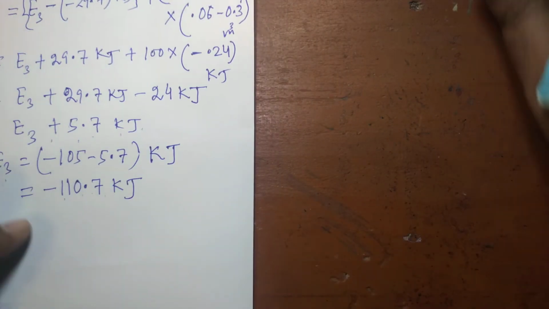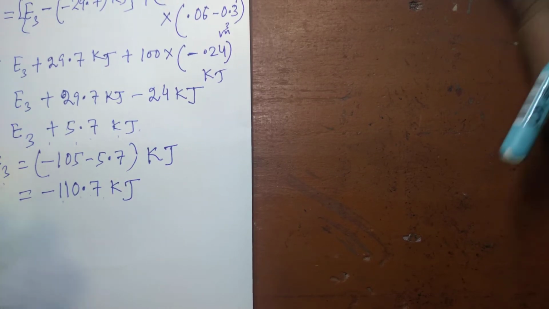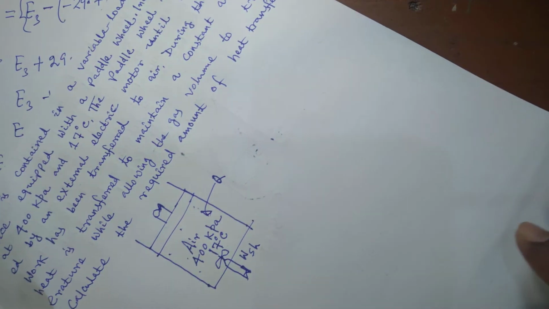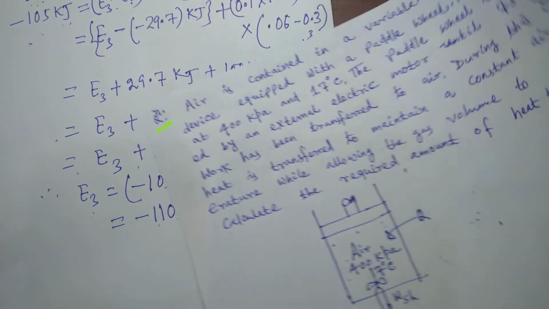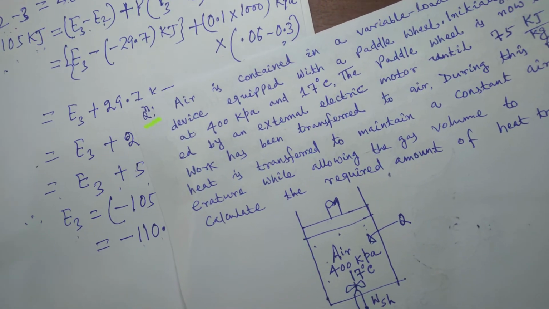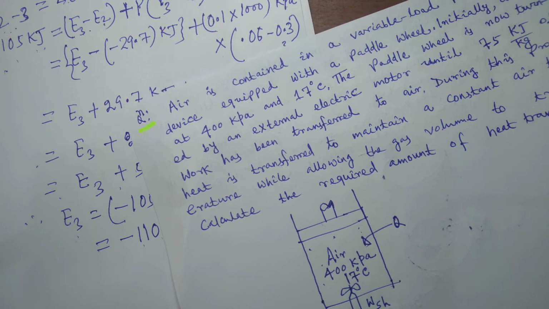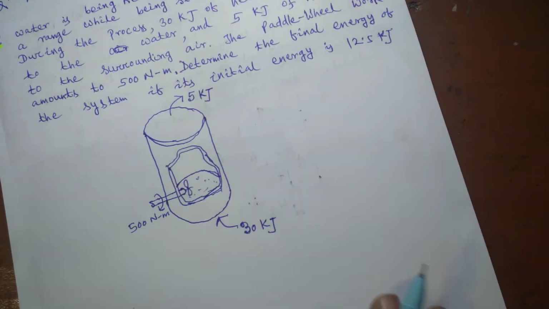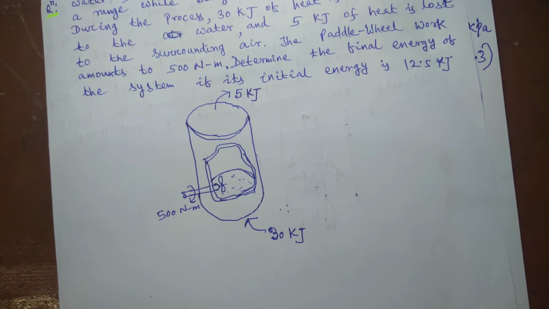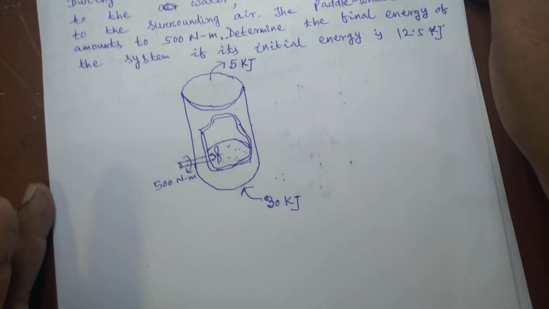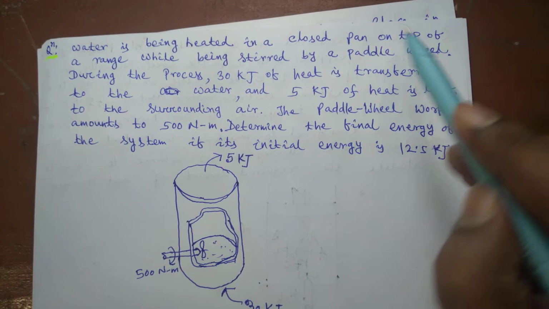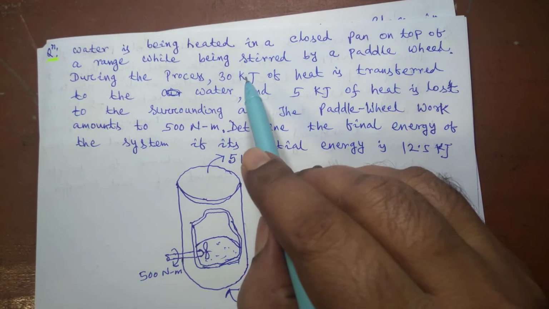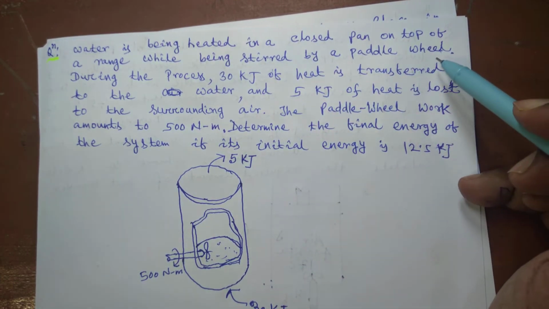So the next problem is from Cengel and Boles's book. This is the problem. Water is being heated in a closed pan on top of a range while being stirred by a paddle wheel.